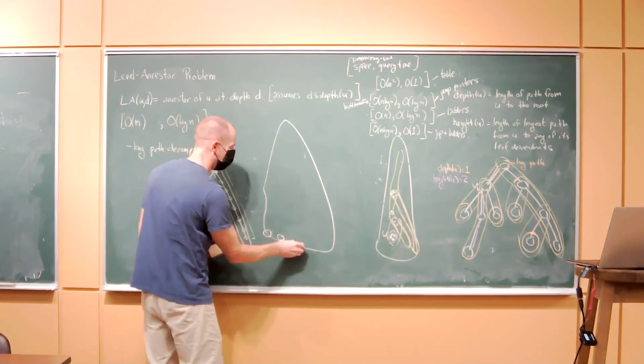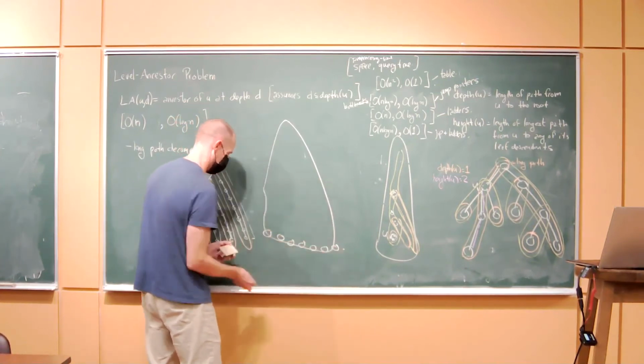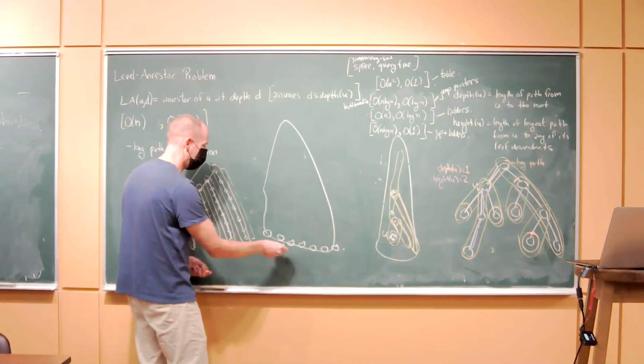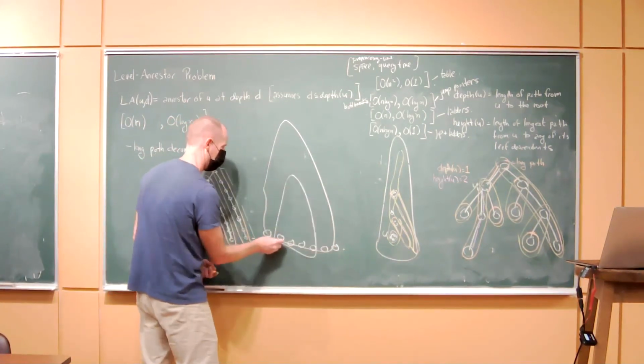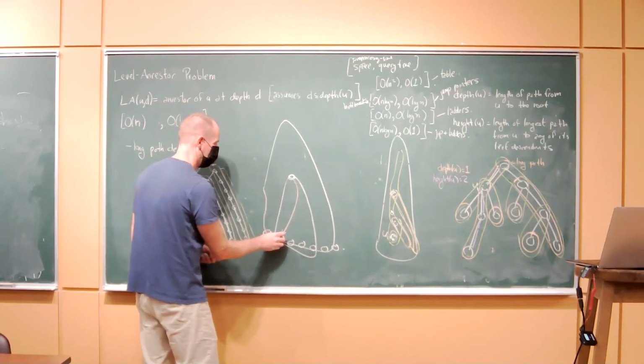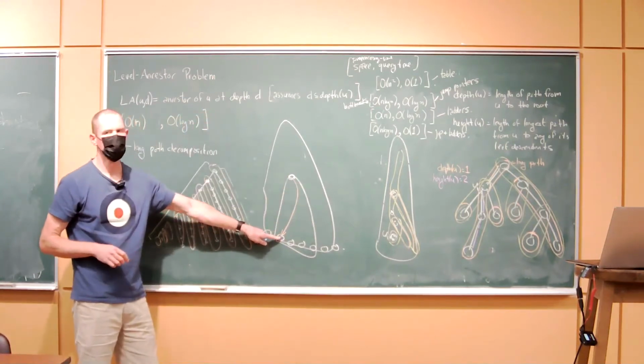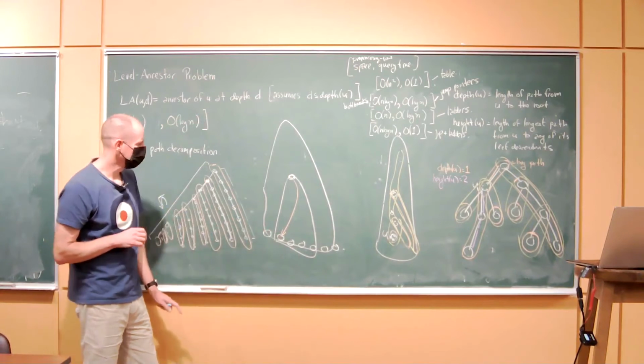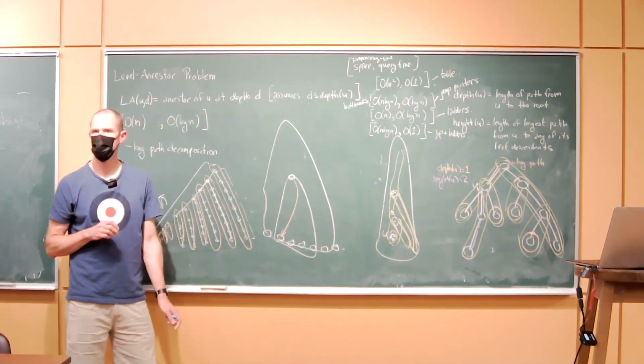So all the leaves of our tree store jump pointers, and every other node just stores a pointer to any one of its leaves. That makes sense?